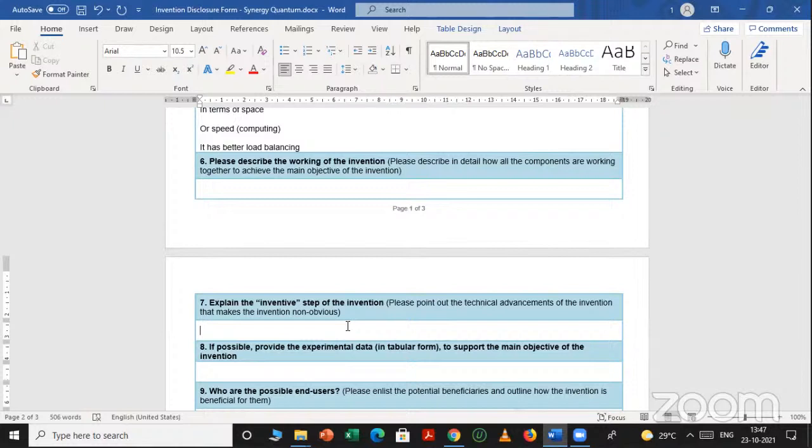In order to make it non-obvious, you have to add some sort of new thing. For example, you have to add a four-stroke engine. So now you're saying that you have added a four-stroke engine, so you don't have to push the cart. Okay, it will drive automatically. So that is the non-obviousness thing. And obviously, it is related to the novelty of the invention.